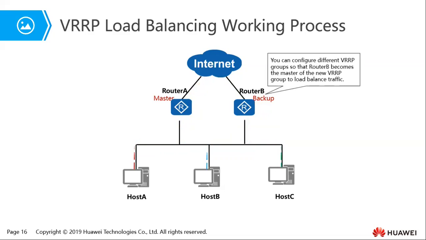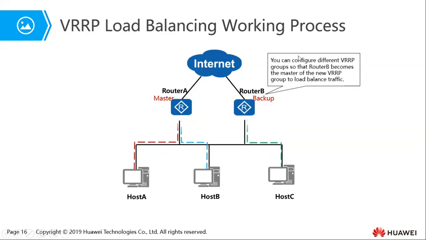When you configure load balancing, then some hosts are able to use the backup. How we configure load balancing is simply creating different VRRP groups so that router A is the master for group 1 and router B is the master for maybe group 2.